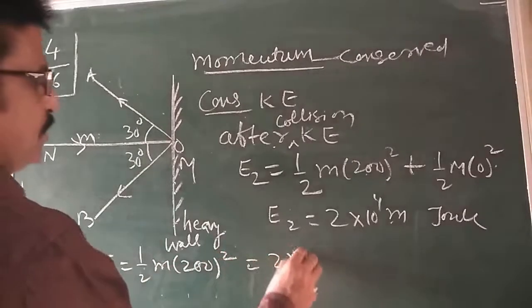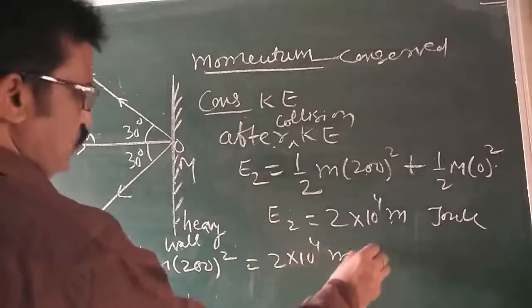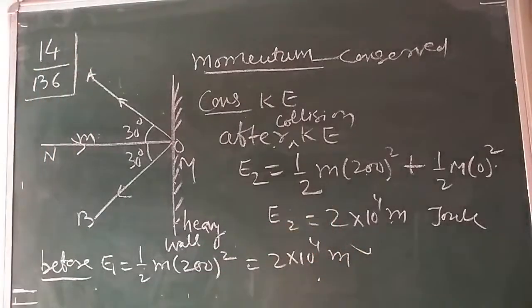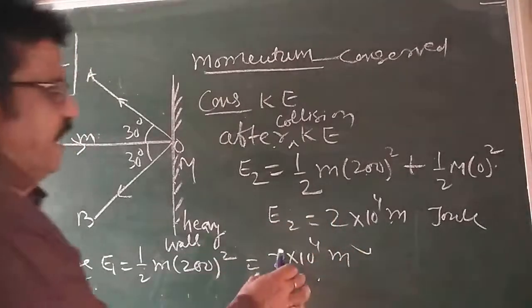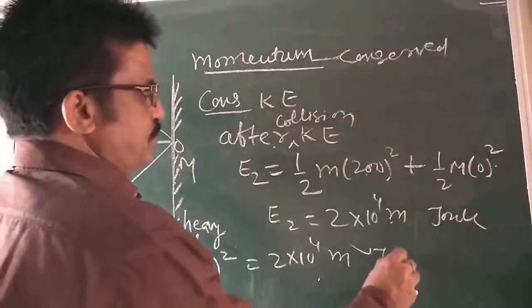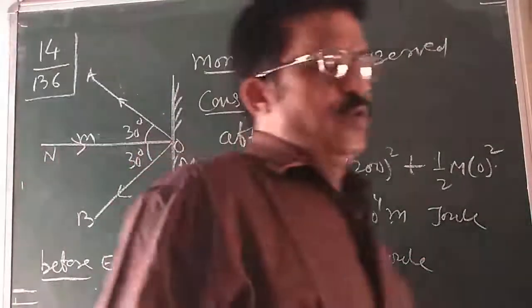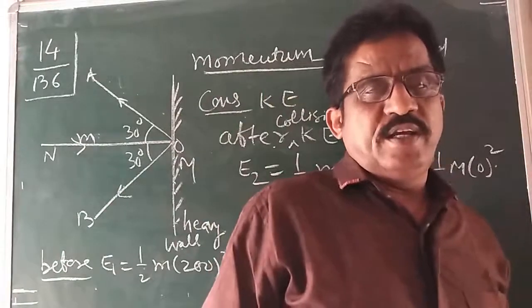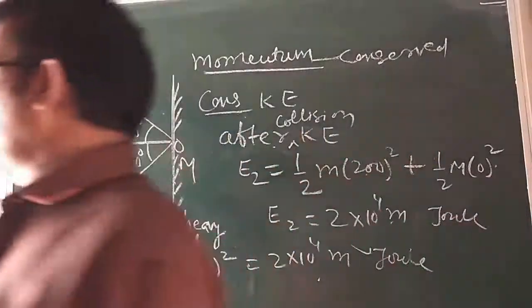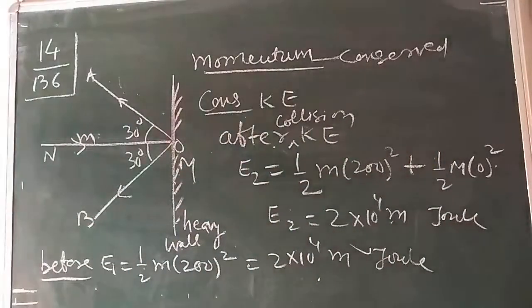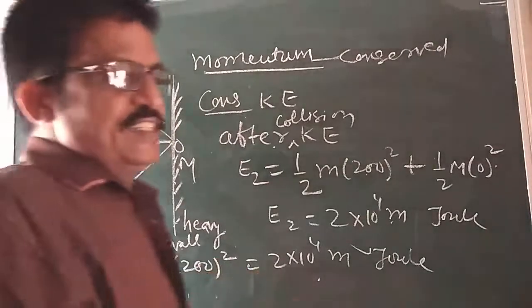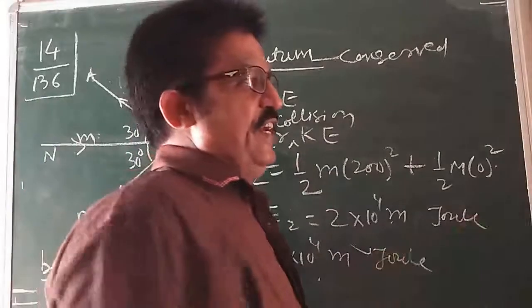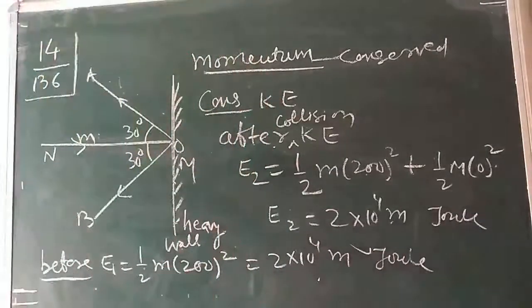That is same. So before collision and after collision, both the kinetic energies are same. So what we can observe? Kinetic energy before collision, kinetic energy after collision, both are 2 into 10 raised to power 4 m. So what type of collision it is? Sir, elastic collision. Okay? Yes.